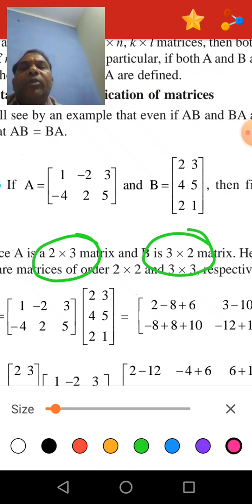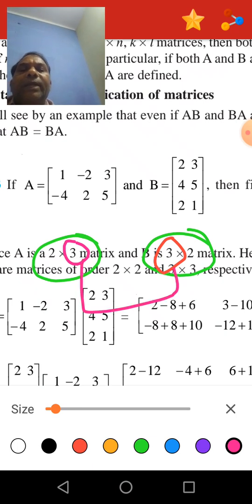Check: the number of columns in matrix A is 3 and the number of rows in matrix B is also 3. So multiplication will exist.